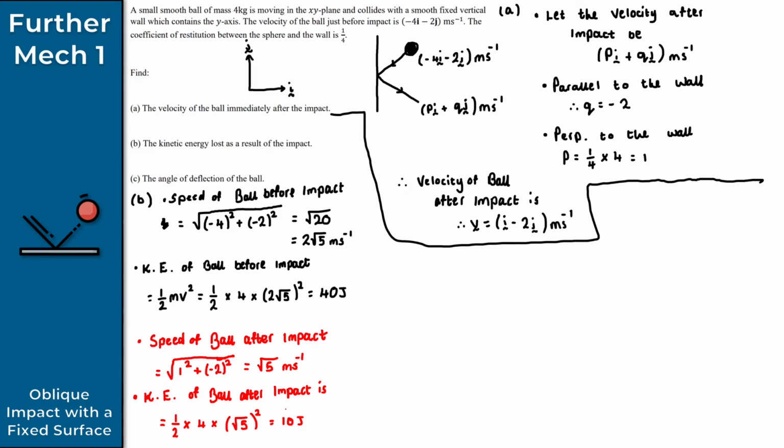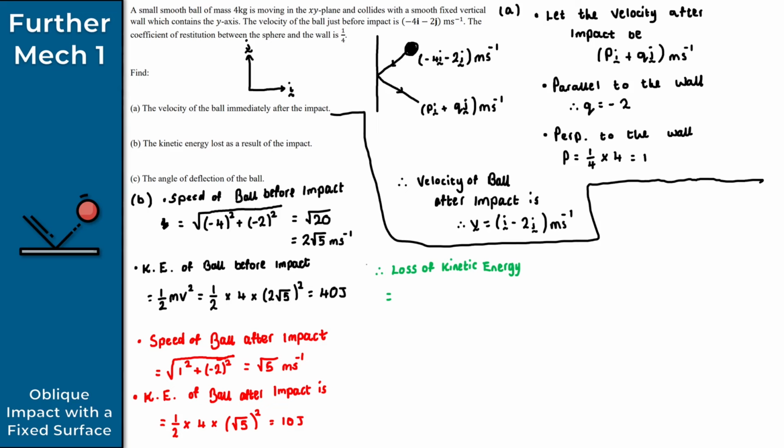Okay. And then finally, to finish with here, I'll just do this in a different color. Let's just do it in green then. So to finish with here, so therefore the loss of kinetic energy is equal to, it would just simply be 40 joules minus 10 joules, right?